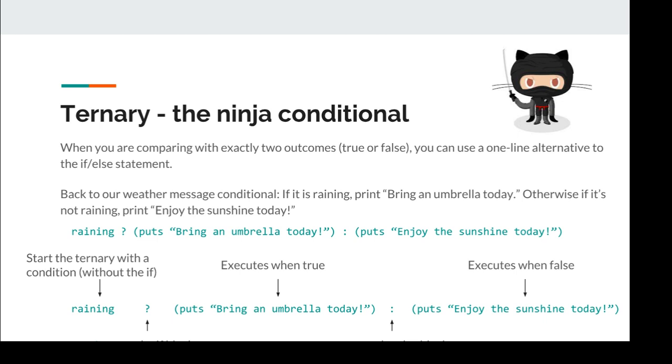All right? So you don't have to use ternaries, but you do have to know how to recognize them and what they do, because you'll see them in code all over the place. Programmers like to use ternaries when they're appropriate, because it's just a nicer way to write something. So you just have to get used to the syntax, that's all.